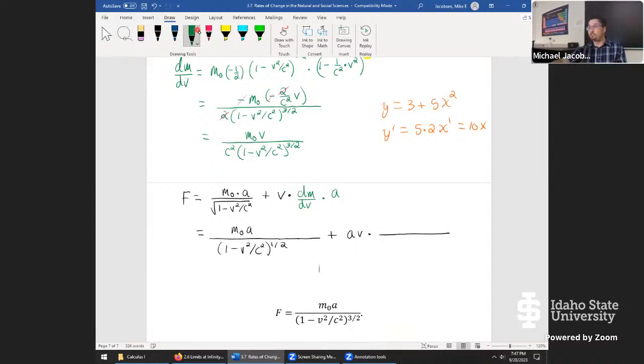Here's our big substitution, dm/dv, which is right here in green. It's another mass, initial mass, so m naught times v, divided by c squared, 1 minus v squared over c squared, to the power of 3/2.